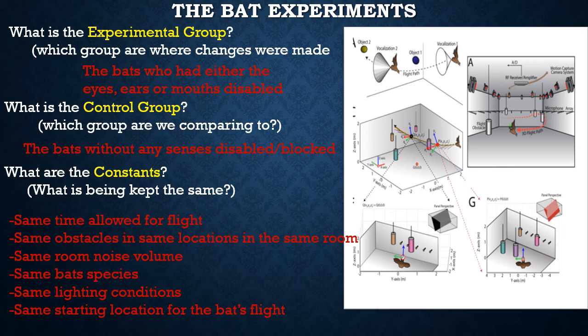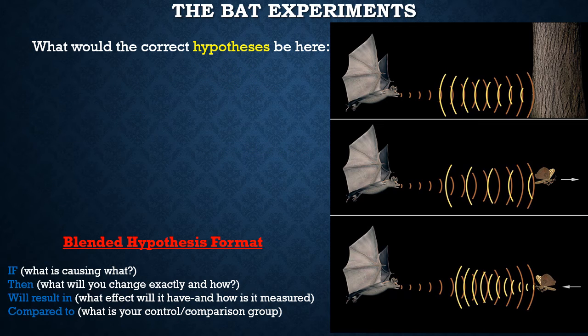And if you're wondering why changing the mouth organ might have messed up the bat's navigation, not just blocking the ears, why was the mouth so important? You've got to remember that bats use their mouth to emit the sound first of all, and then it bounces back off an object, like you can see here on the right-hand side, and then that response tells them whether the object is standing still, whether it's going away from them, whether it's coming towards them.